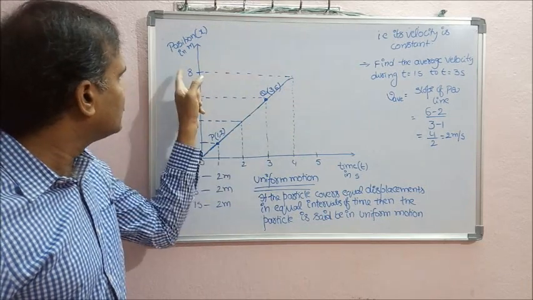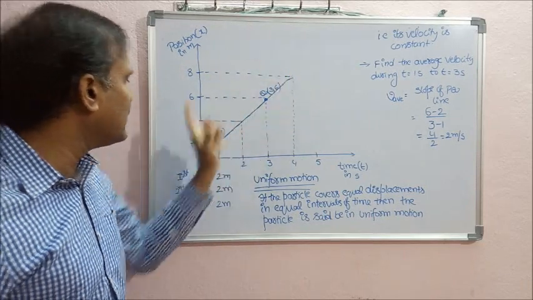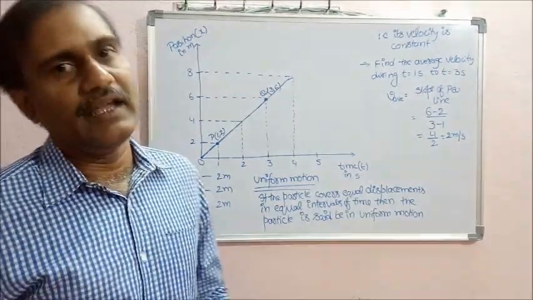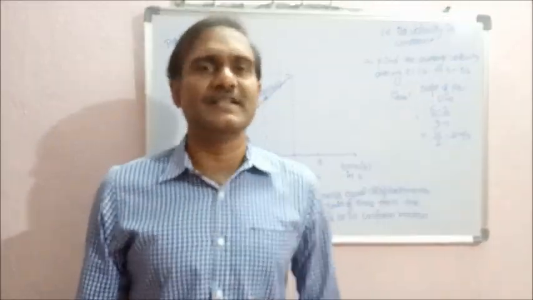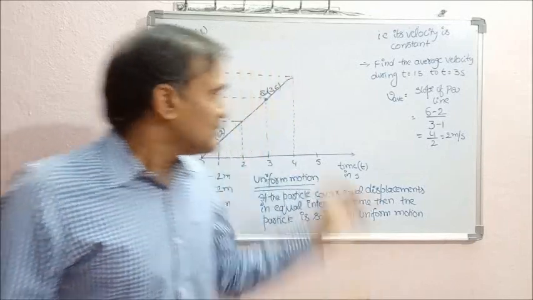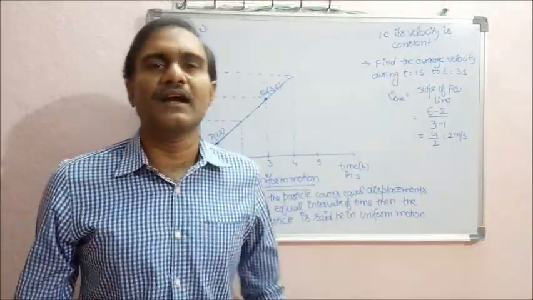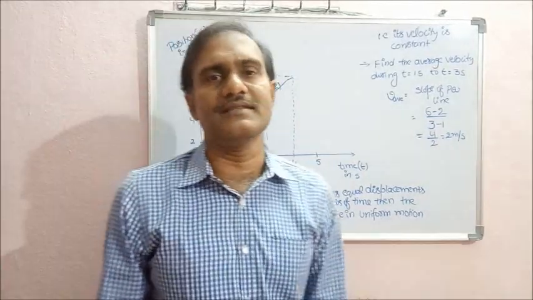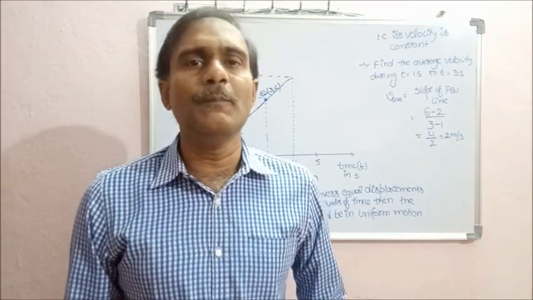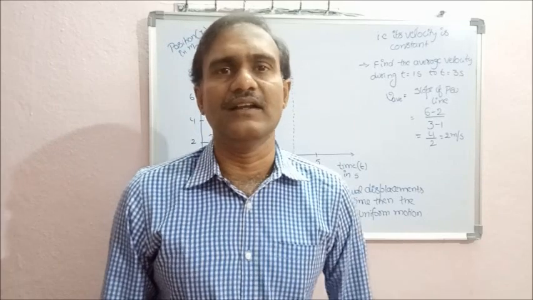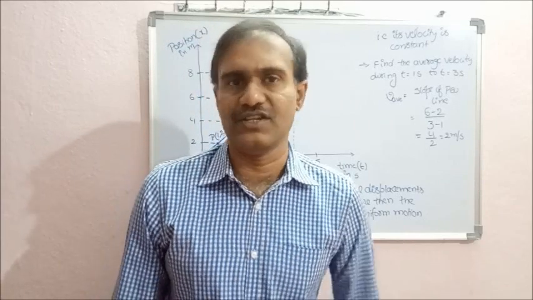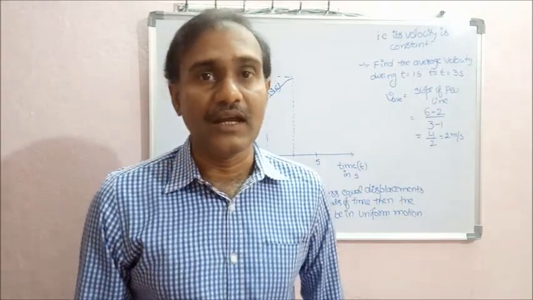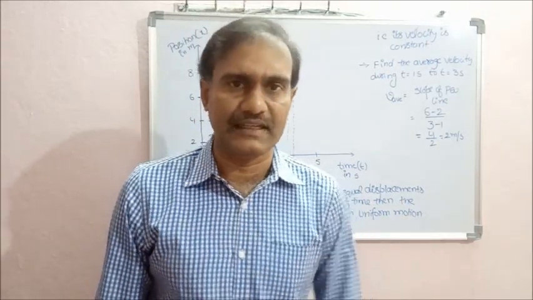Change in y coordinates, 8 minus 0, divided by 4 minus 0. It is also 2 meters per second. That means slope of this line remains constant because it is a straight line which is passing through the origin. It does not change. That's why we can say that the particle is having constant velocity.